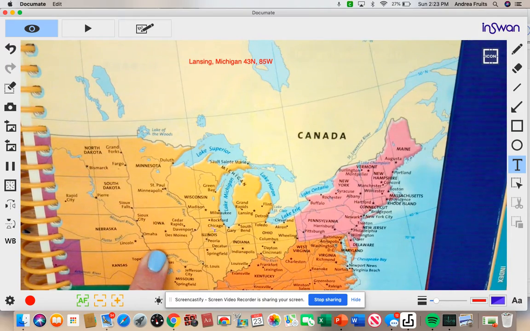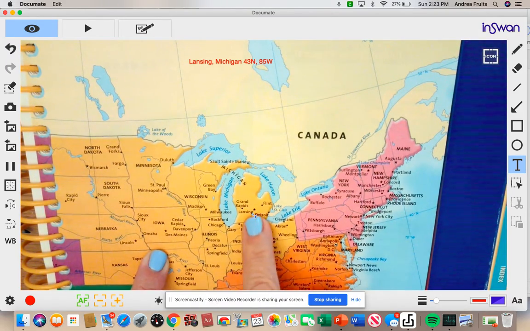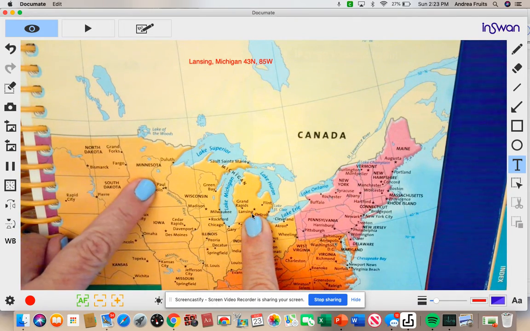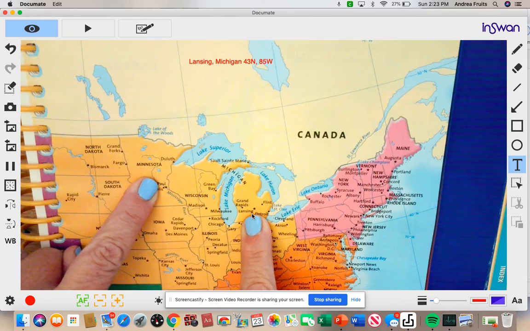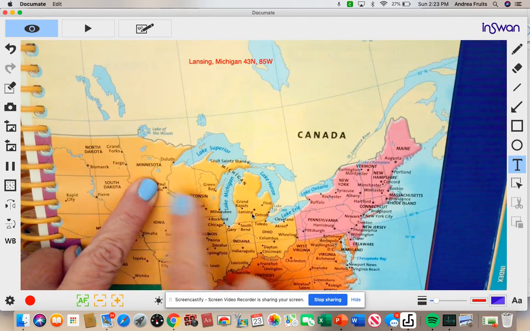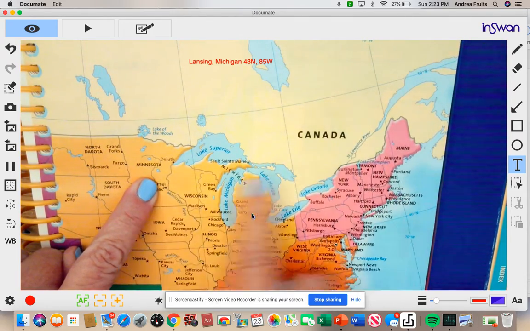Now, Lansing is further south. I can tell that Lansing is right here and St. Paul is up here, so I know it's going to be a little bit higher than 43. But again, if I'm looking here, it's Minnesota.